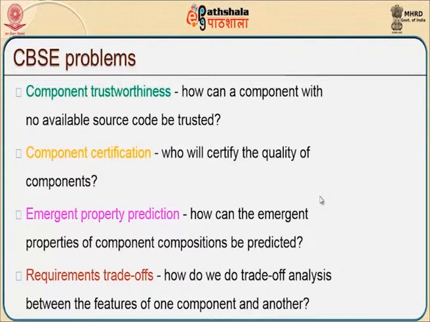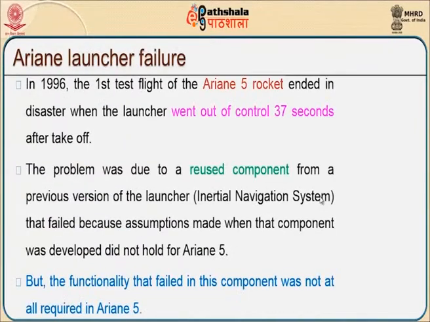If these components are available as libraries, at what point in time they are needed can never be predicted, and even if it is predicted, how well it can be used as a component in the software that I am developing. And requirements trade-off: how do we do trade-off analysis between the features of the component and the others?